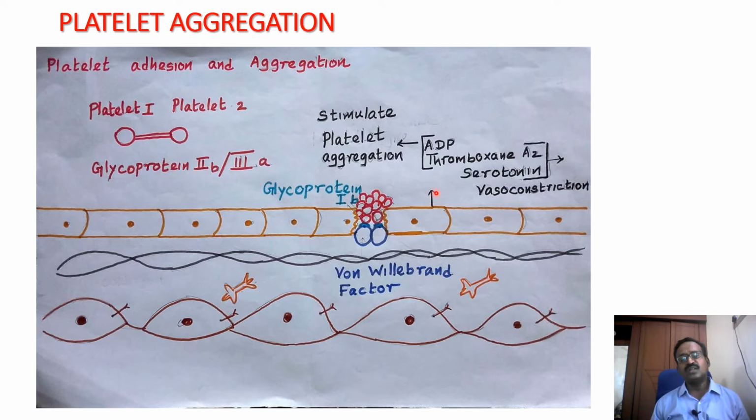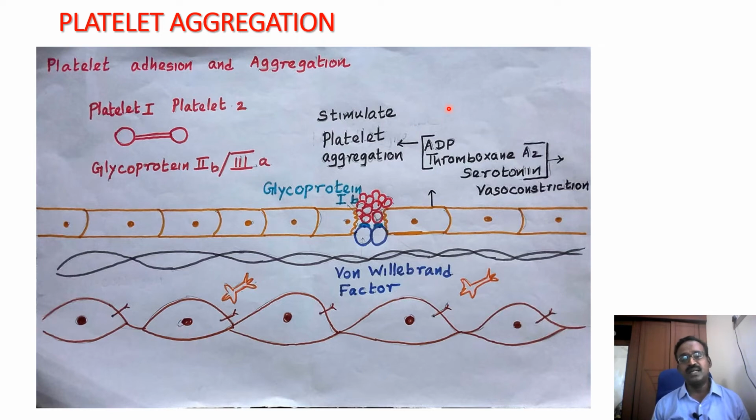The vascular endothelium produces ADP and thromboxane A2 that stimulate platelet aggregation at the injured site. Thromboxane A2 and serotonin produce smooth muscle contraction, producing vasoconstriction. An ADP receptor inhibitor is used for stroke and MI patients.